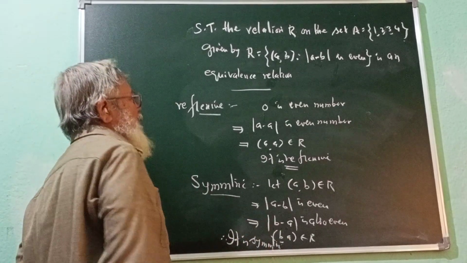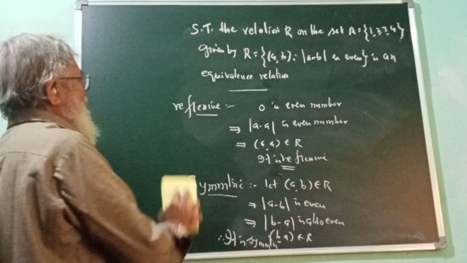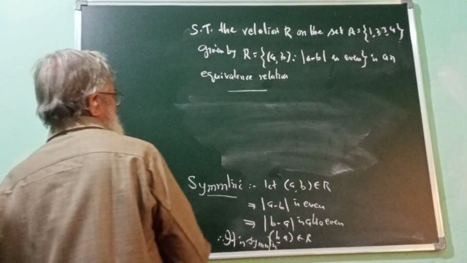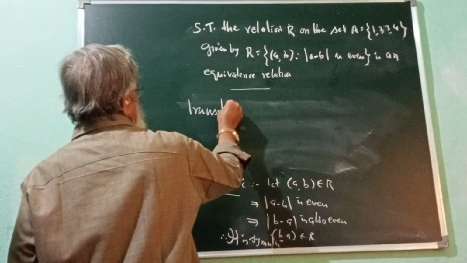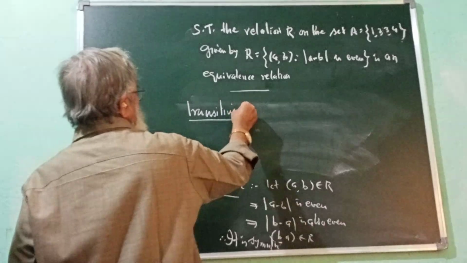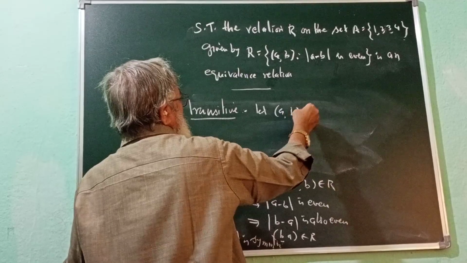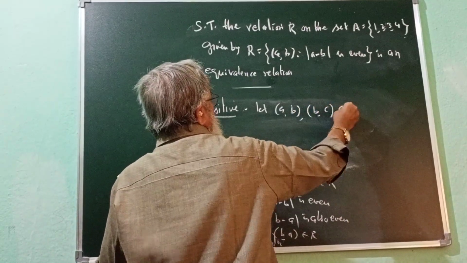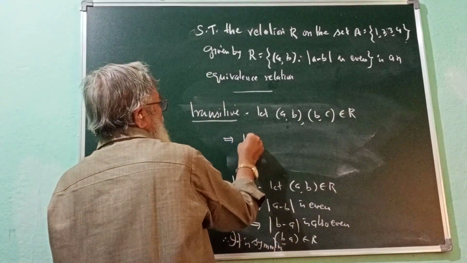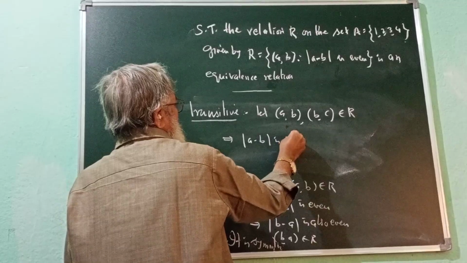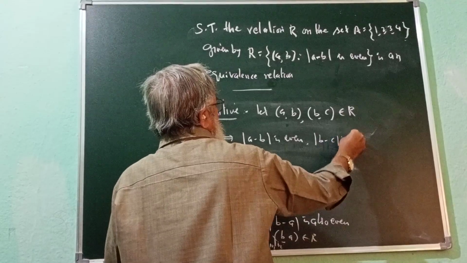Now we have to check transitive. For transitive, let us suppose two ordered pairs (a, b) and (b, c) belong to R. (a, b) belongs to R means mod of a minus b is even, and mod of b minus c is even.